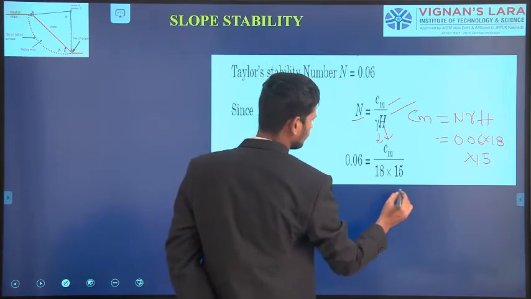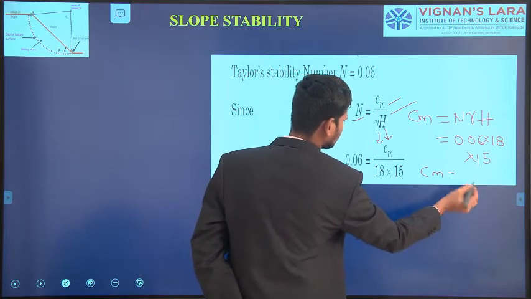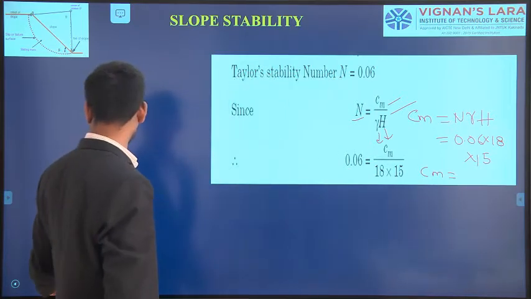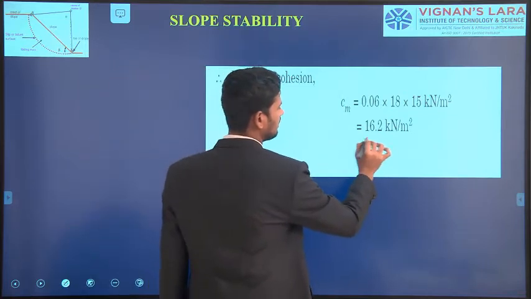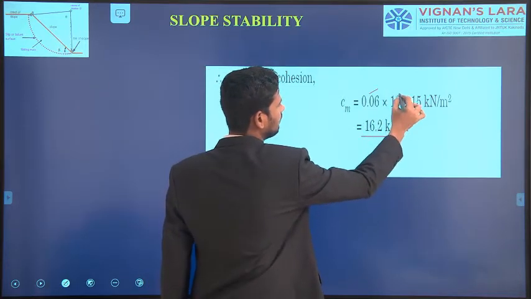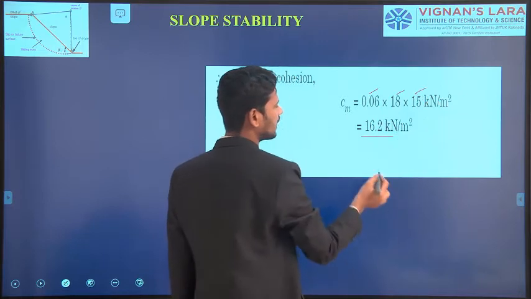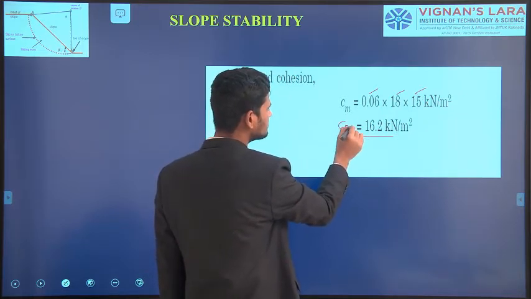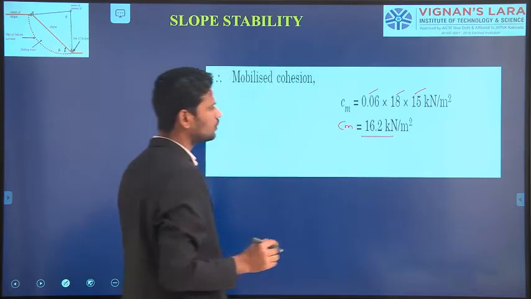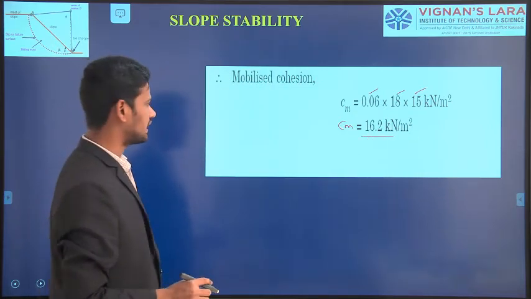If you substitute, you will get the mobilized cohesion intercept of the soil mass, Cm equal to 16.2 kilonewton per meter square.